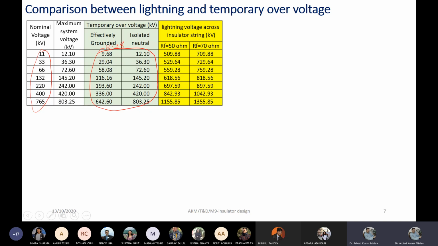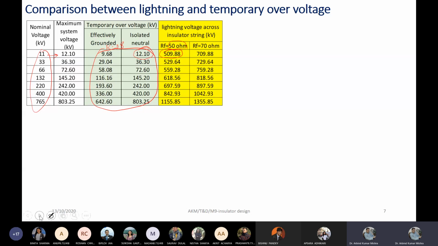For 11 kV, the temporary overvoltage is maximum, even in the case of isolated neutral, 12.1 kV, whereas even for the best case of 50 ohm tower footing resistance, this is 509.